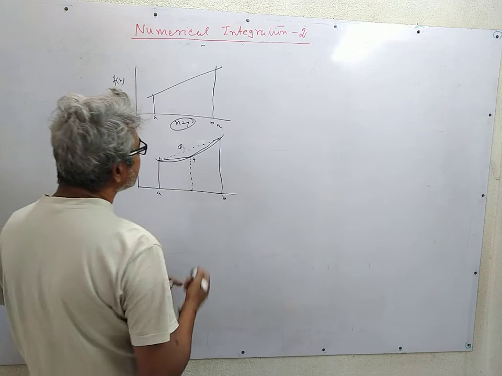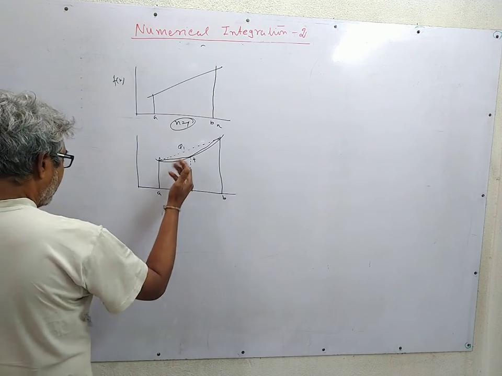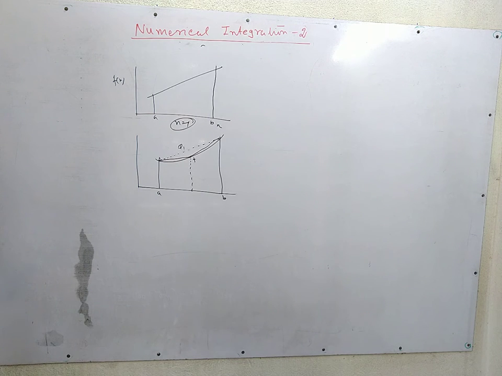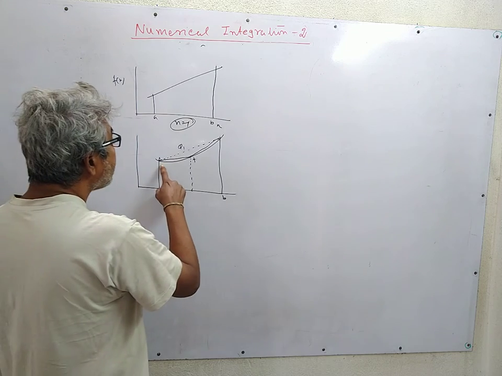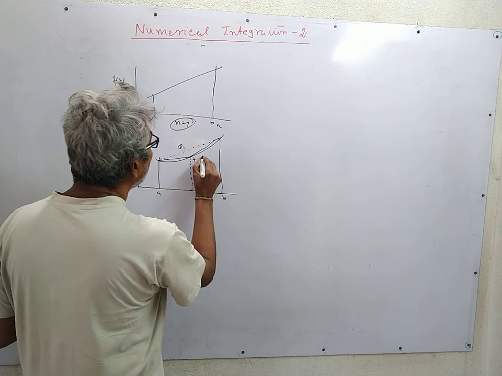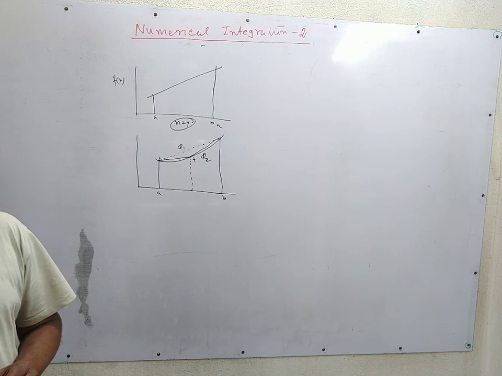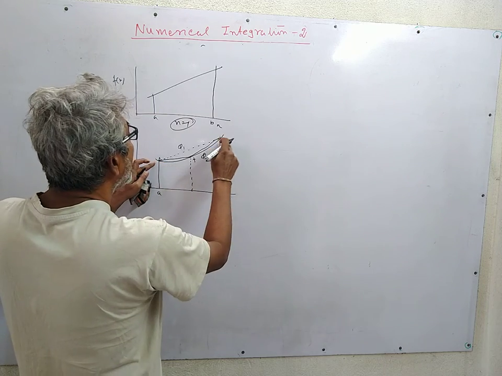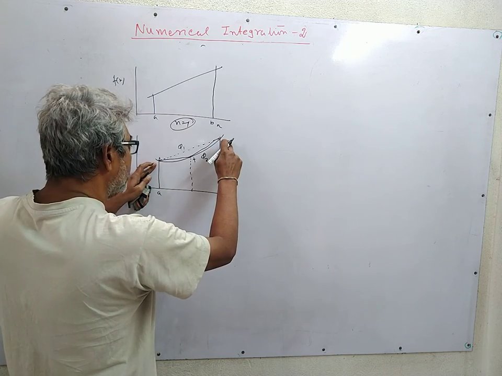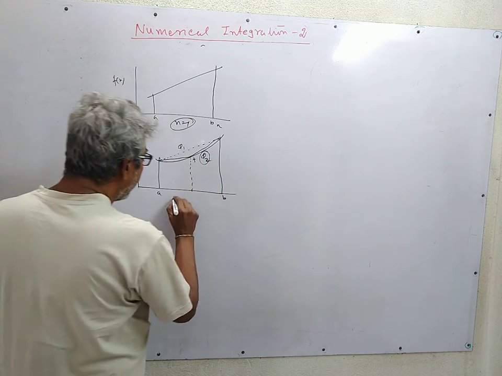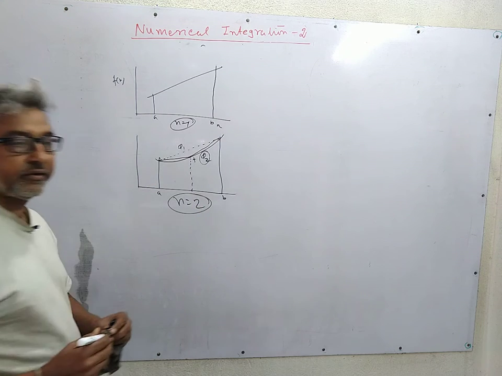As we go on increasing the number of points, the difference between f of x and phi 1 of x would go on decreasing at each and every block. On the other hand, if we approximate the function by phi 2, then n is equal to 2 will give you the exact result, as this section, being already a parabola, can be fitted by a single parabola, and n is equal to 2 gives you the correct result.